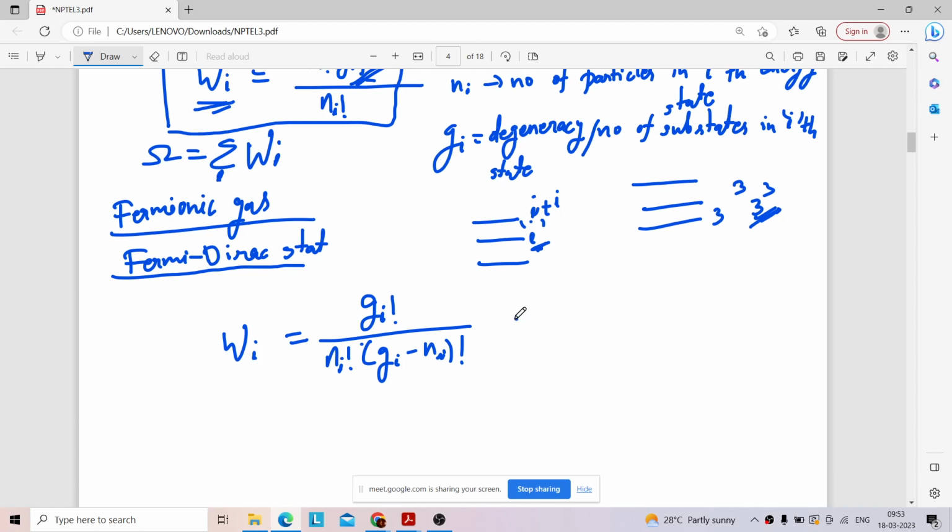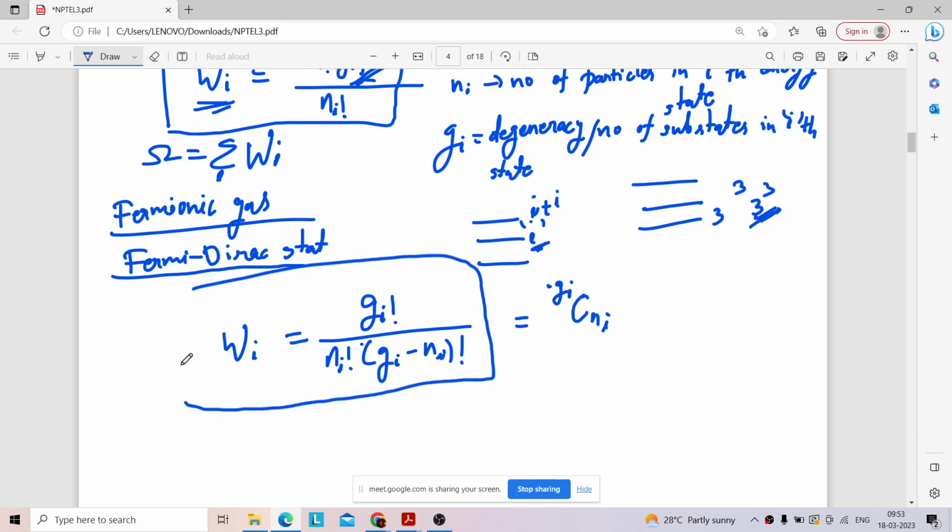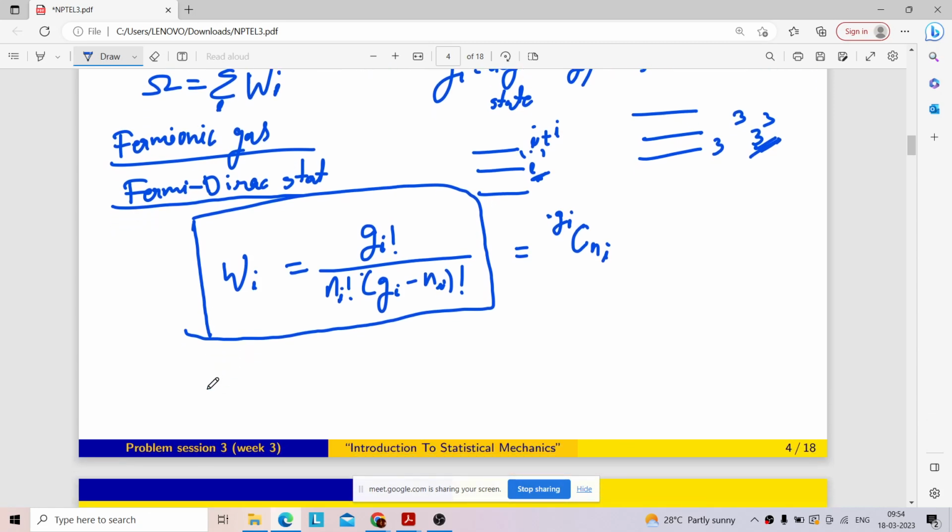So it's like a combination of Gi. Why do we have only Gi here?